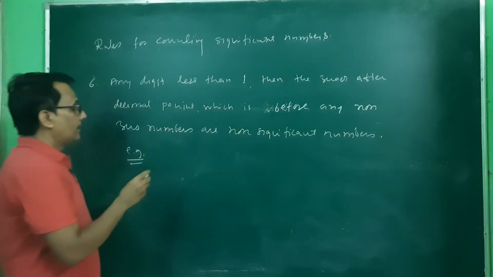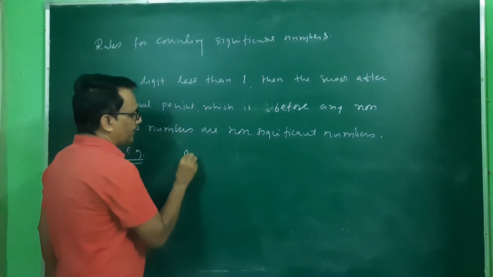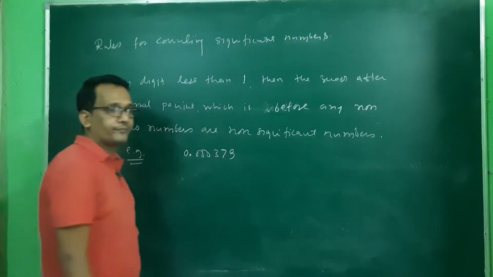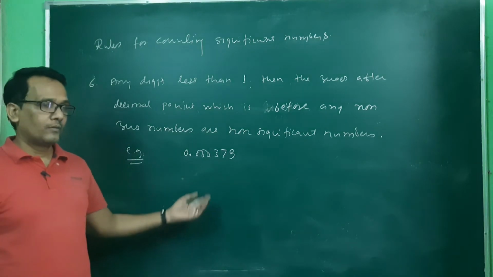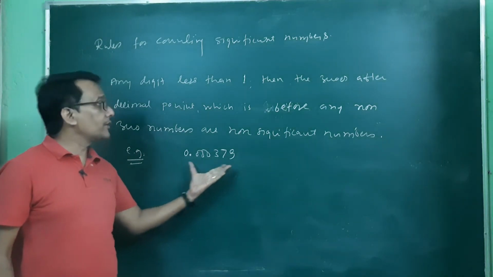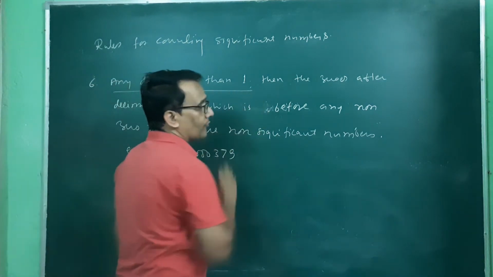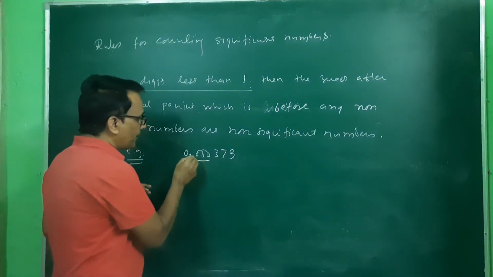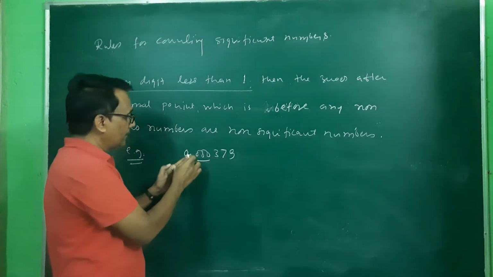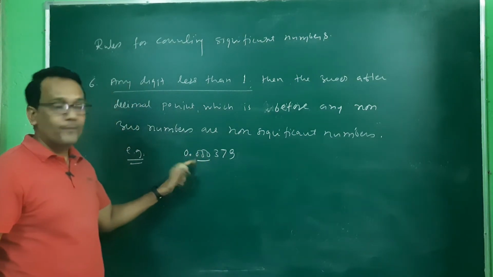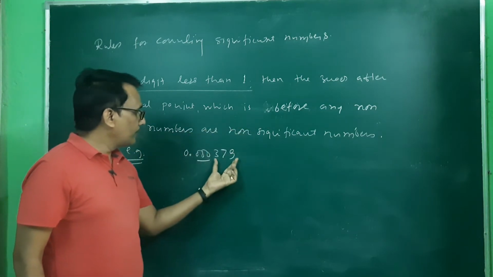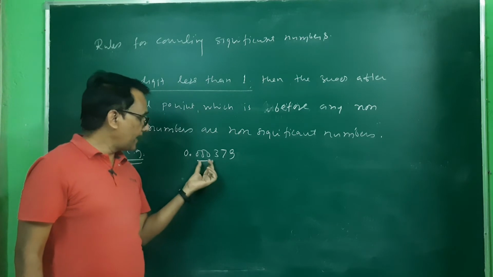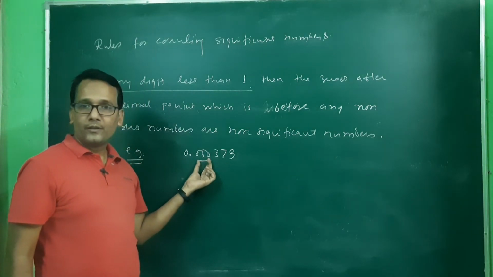See, if we have 0.00379, so this is less than 1. First condition is any digit which is less than 1. So this is less than 1. Second, that zeros coming after this decimal point. So this is coming after this decimal point, and just before any non-zero digits. इसके पहले ये आ रहा है zero digits. Okay.